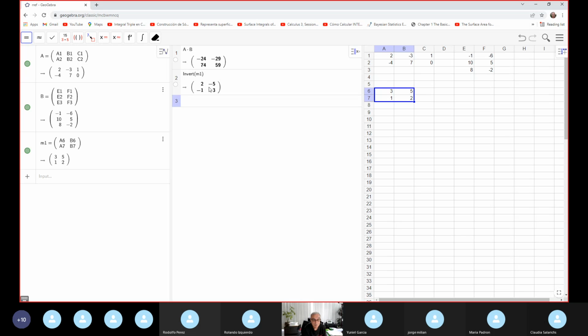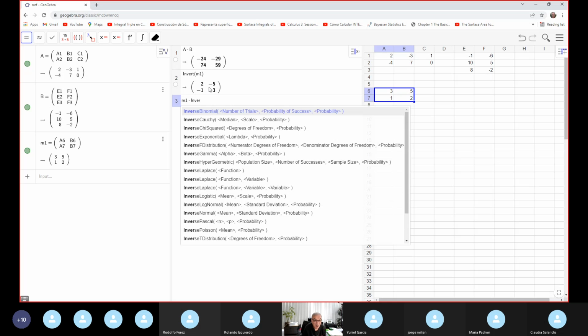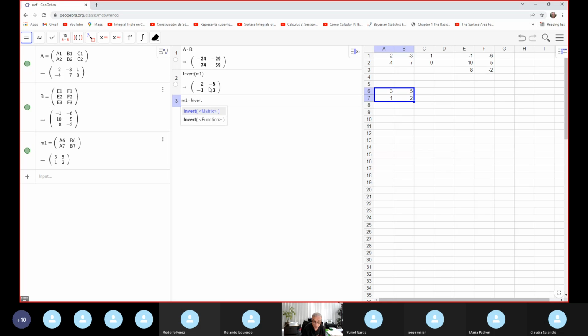You see? Yeah, we see. Okay. Now I want to do the multiplication in both directions of the original matrix M1 times its inverse and the inverse times M1, and you see the answer is the identity matrix. Let's do it. In CAS you type M1 times Invert of M1.